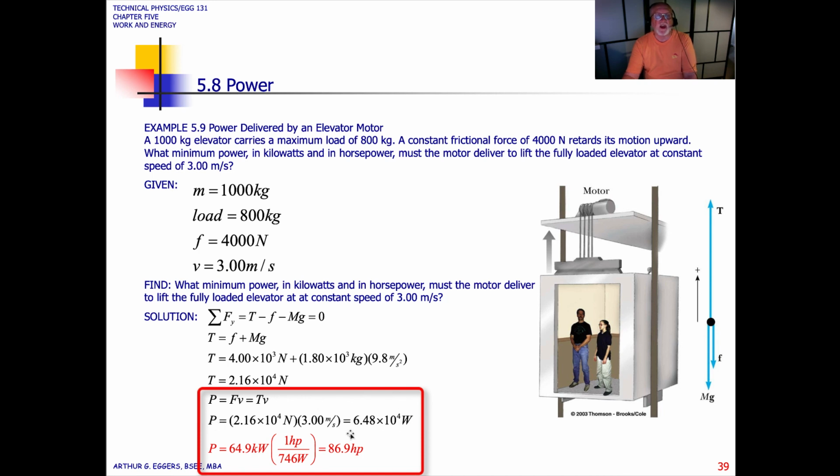That's 64.8 kilowatts; we just moved our decimal points around and rounded. 1 horsepower is 746 watts, so watts and watts will cancel out. We end up with 86.9 horsepower is what it takes for the motor to deliver a lift, fully loaded, at a constant 3 meters per second.